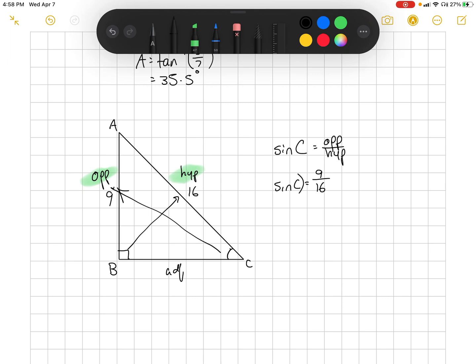So do the inverse sine of both sides, which would leave you with C is the inverse sine of 9 over 16. Plugging that in your calculator would give you 34.2 degrees to the nearest tenth.